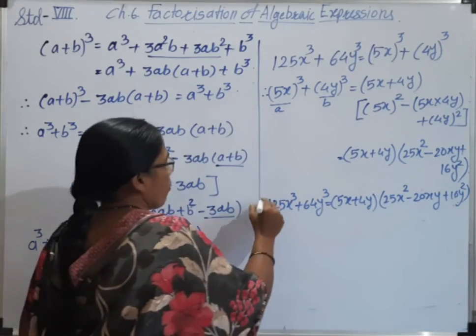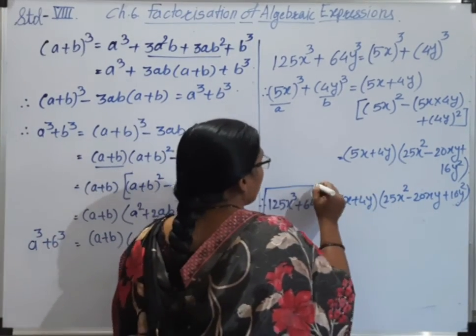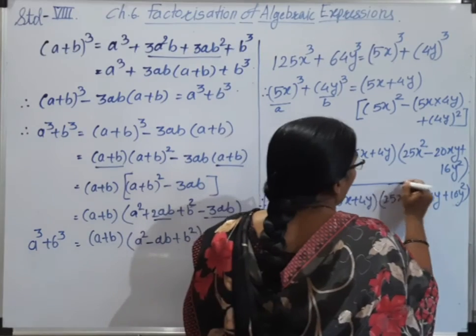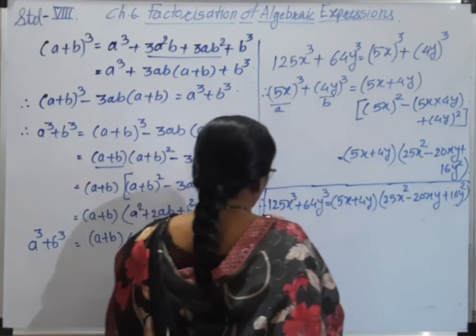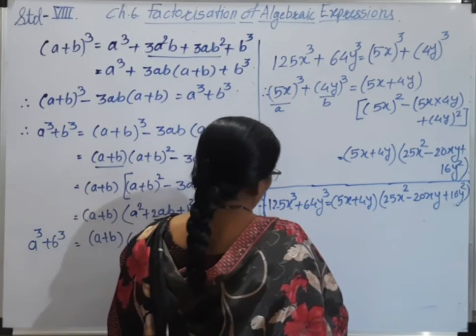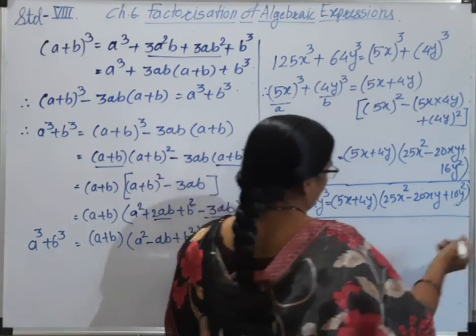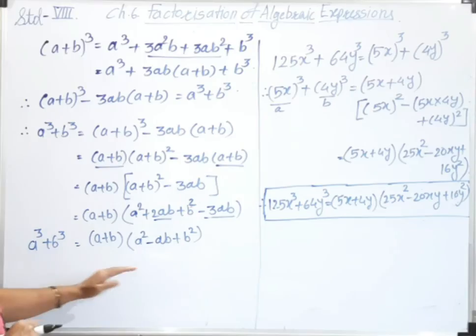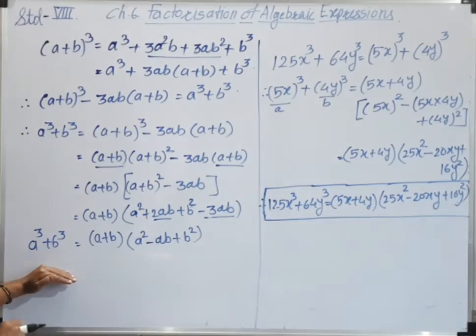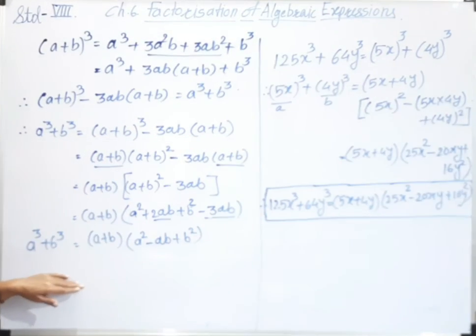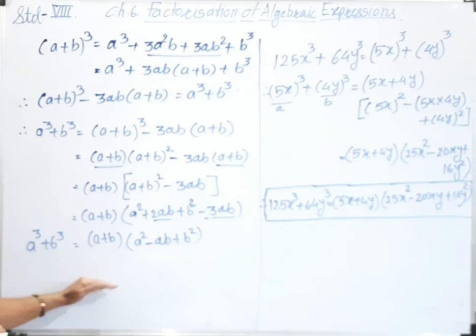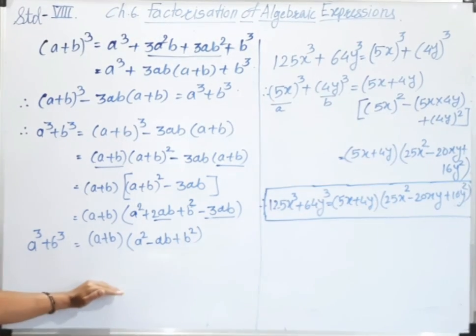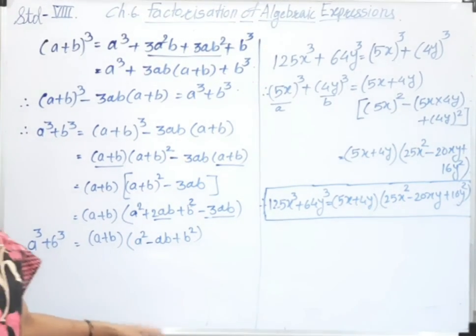Now in this way we can find the factors if the highest degree is 3, meaning the sum of cubes of two terms. When these two terms are given as cubes, we can find the factors of those terms by using this formula. I hope you have understood all this method or procedure of how to find the factors of these terms. Thank you, students.